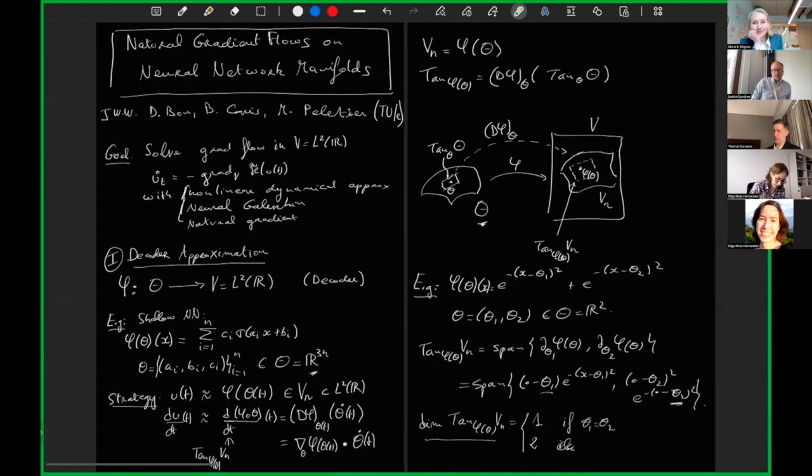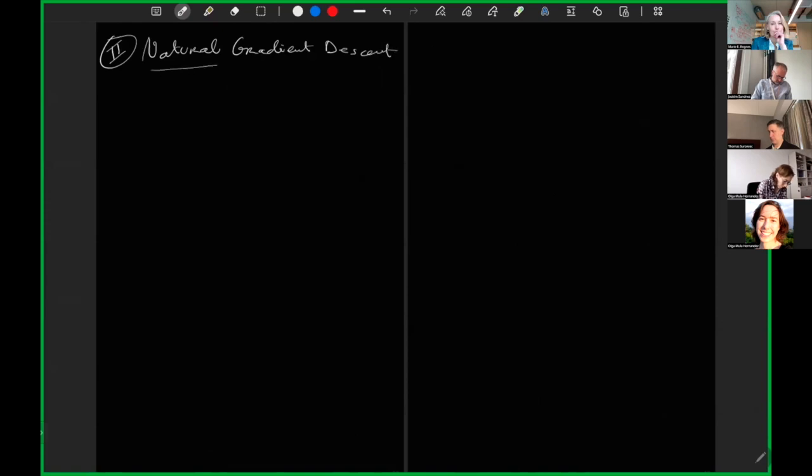So I'm telling you all this because here's now the drama that is going to happen when we try to do natural gradient descent. The strategy is that we want to find a curve theta that depends on time, and that goes to our family of parameters, such that at every time the velocity of our neural network approximation is approximated at best.